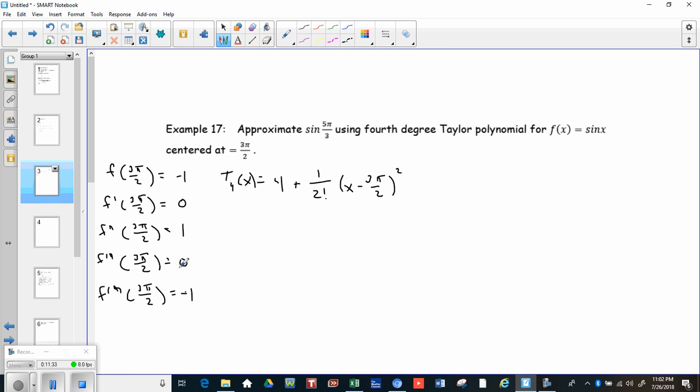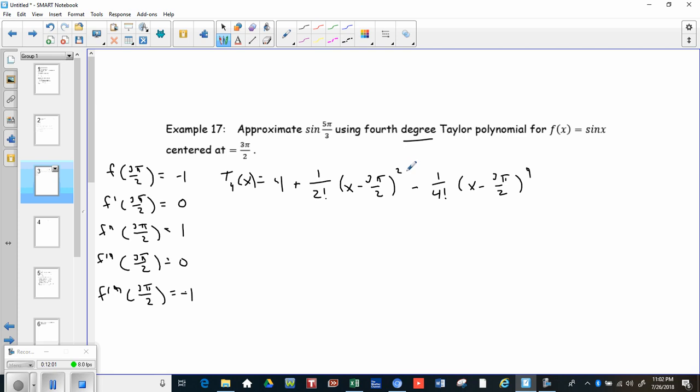The next term is going to be 0 because it'll be 0 over top of the 3 factorial, so we don't need to write that. And then the last term is minus 1 over 4 factorial, x minus the center, 3 pi halves, to the fourth. This is our fourth degree Taylor polynomial. Again, not 4 terms, fourth degree. Again, very important that you understand the difference there.